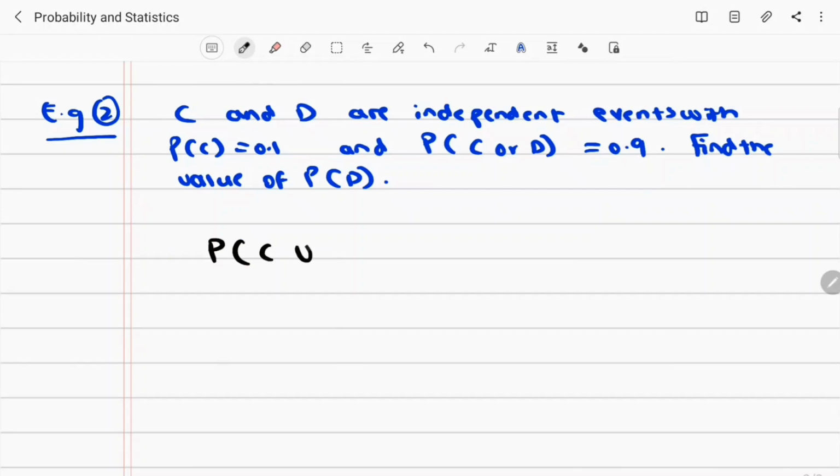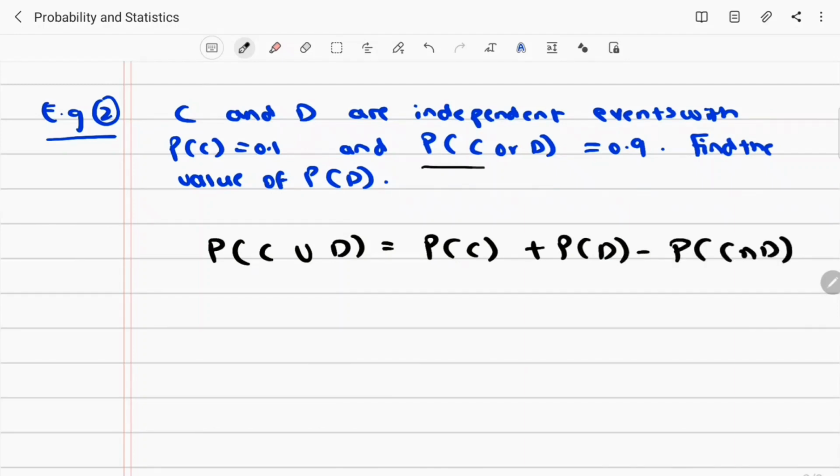C union D would be probability of C plus probability of D minus their intersection. Now C or D means the union. So the union is 0.9, equal to probability of C, which is 0.1, plus probability of D, which we don't know, minus the intersection, which, since they're independent events, would be the multiplication.